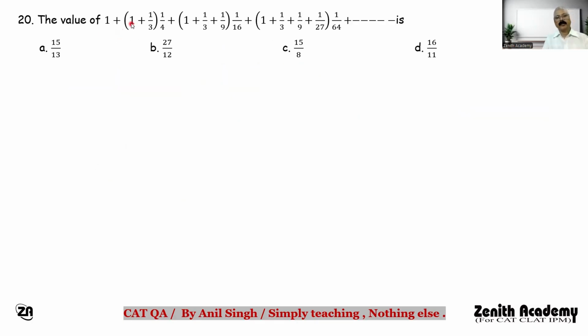The value of 1 plus 1 plus 1 by 3 into 4 plus 1 plus 1 by 3 plus 1 by 9 into 1 by 16 plus 1 plus 1 by 3 plus 1 by 9 plus 1 by 27 into 1 by 64 plus dash distance. Actually, you can write this in this manner, like take this one.